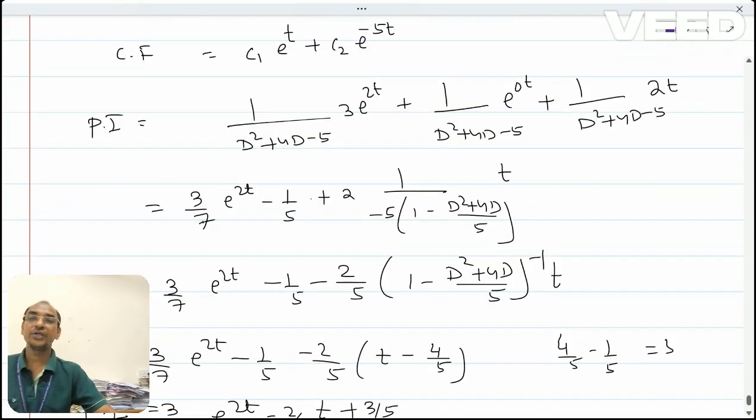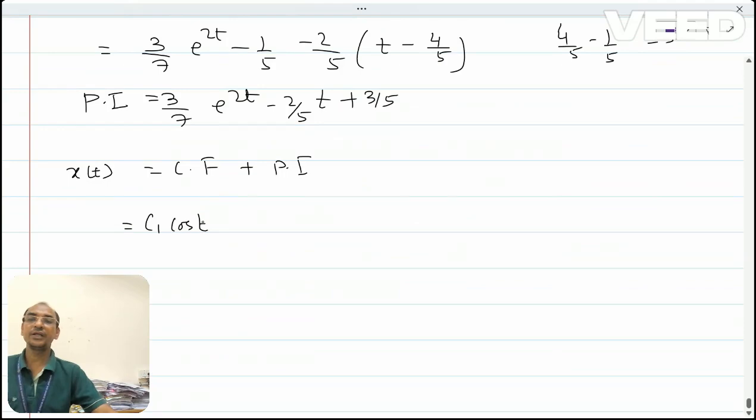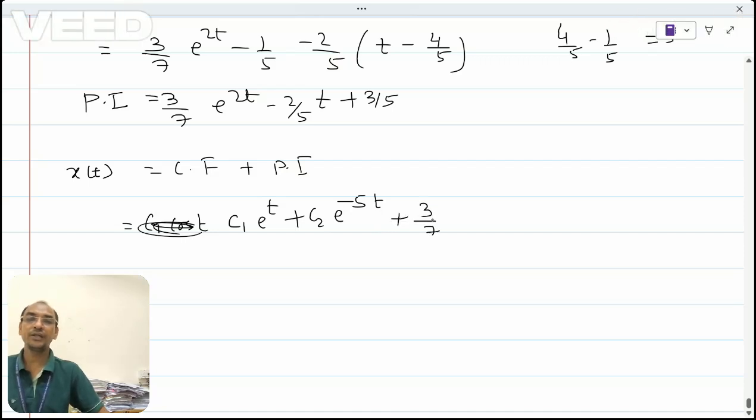The complementary function is c1 e to the power t plus c2 e to the power minus 5t, and then the PI for this one is plus 3 by 7 e to the power 2t minus 2 by 5 t plus 3 by 5. So this is the value of x of t.